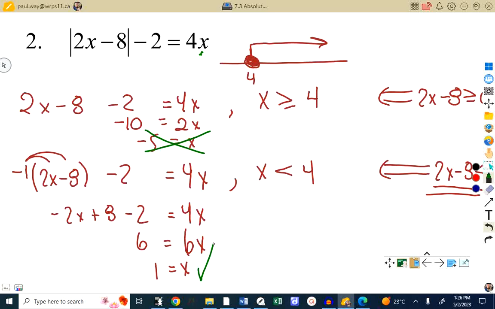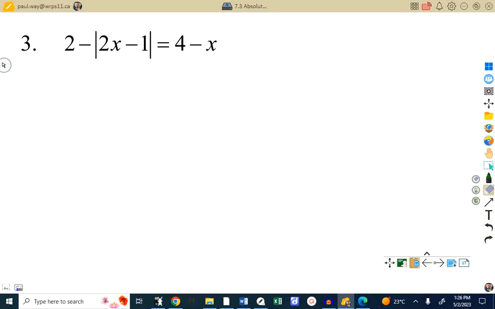So, again, if you just did this and checked to see whether they were correct or not, and did not have this, you're not going to get full marks. All right.